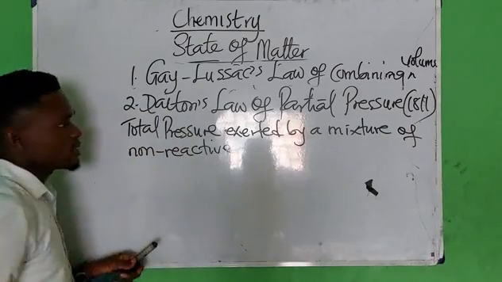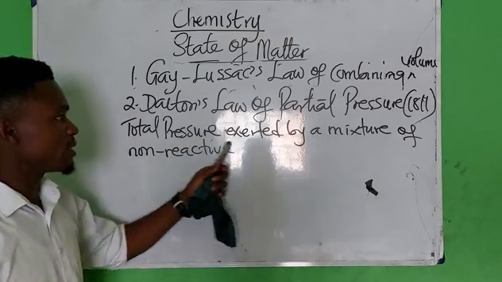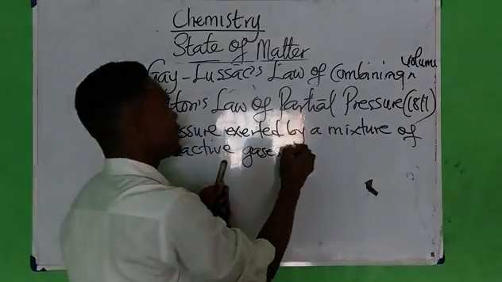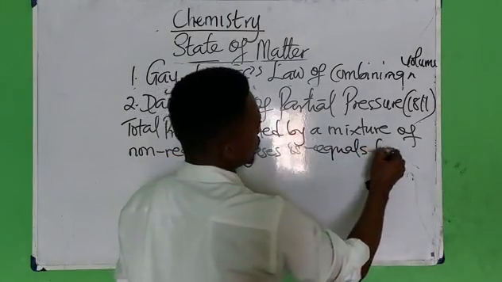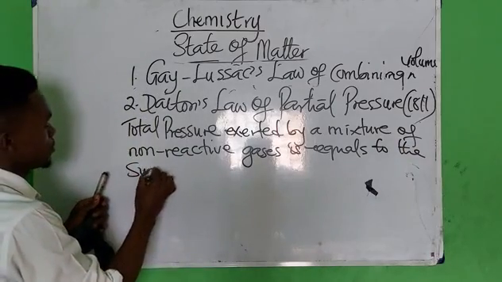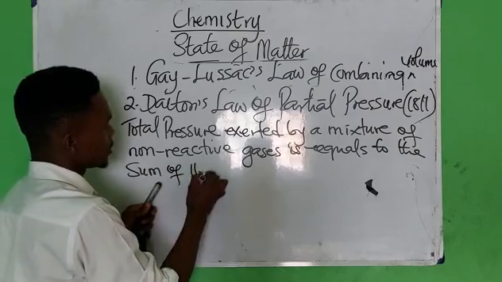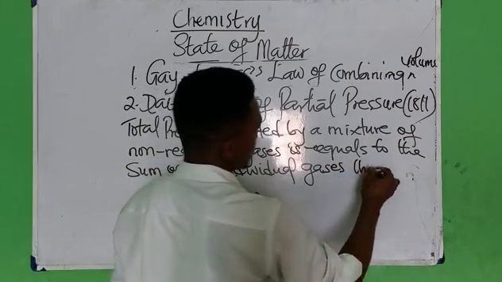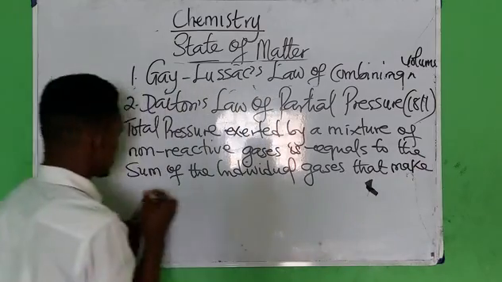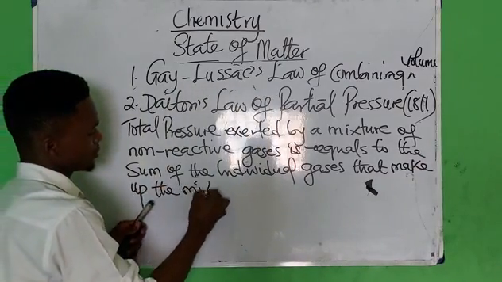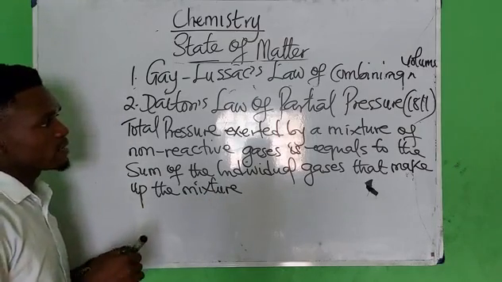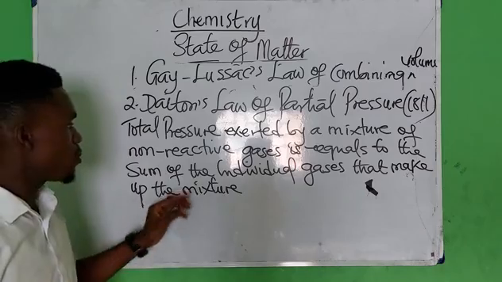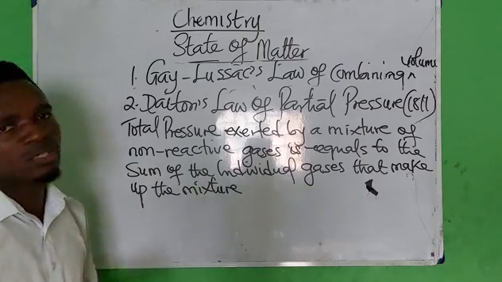Dalton's law of partial pressure states that the total pressure exerted by a mixture of non-reactive gases is equal to the sum of the individual gases that make up the mixture. It is simple.